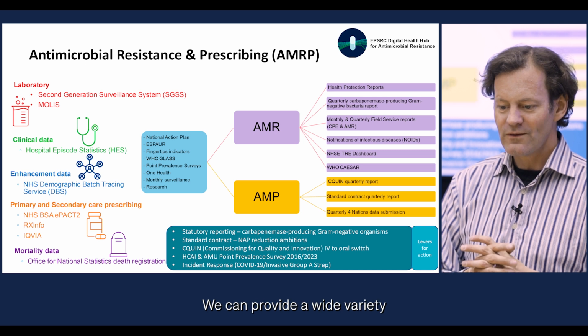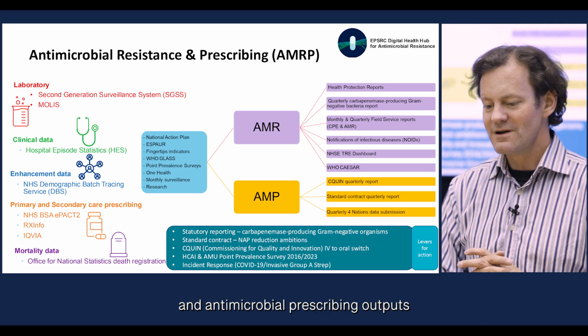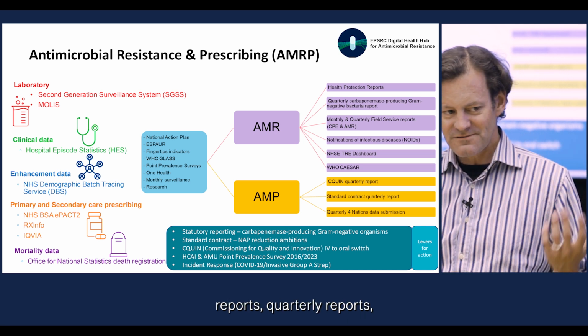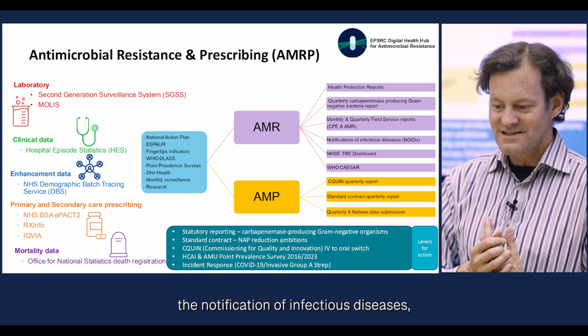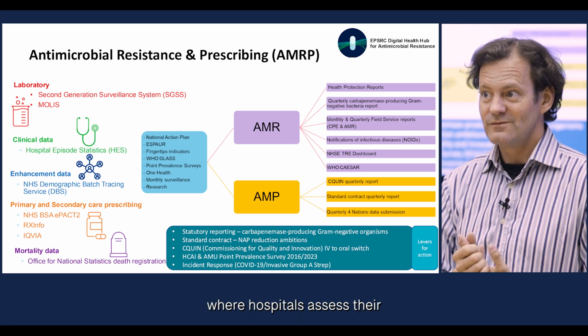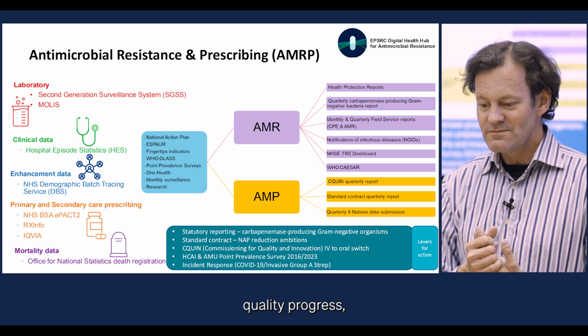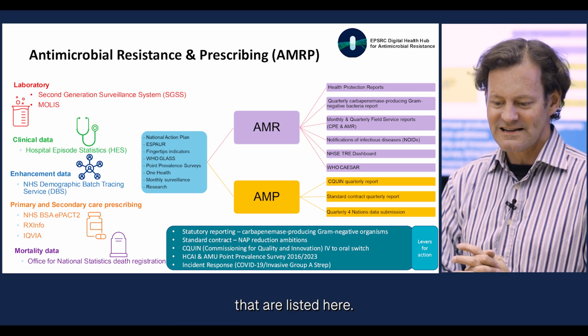We can provide a wide variety of antimicrobial resistance and antimicrobial prescribing outputs into health protection reports, quarterly reports, the notification of infectious diseases, putting that information onto Fingertips, pulling sequence data where hospitals assess their quality progress, and a variety of other outputs that are listed here.